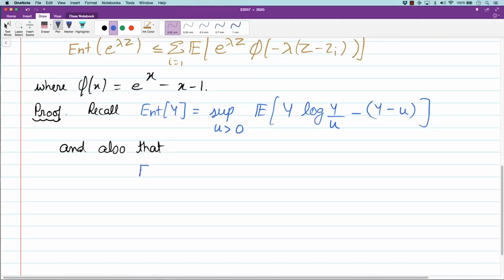says that the entropy of a random variable Y, which is a function of x1 to xn, is less than or equal to the expected entropy, conditioned on all but the ith random variable, of Y. Okay, so we apply this formula to this conditional entropy.